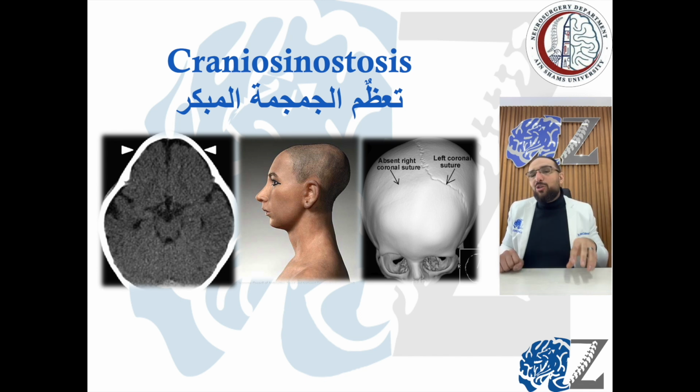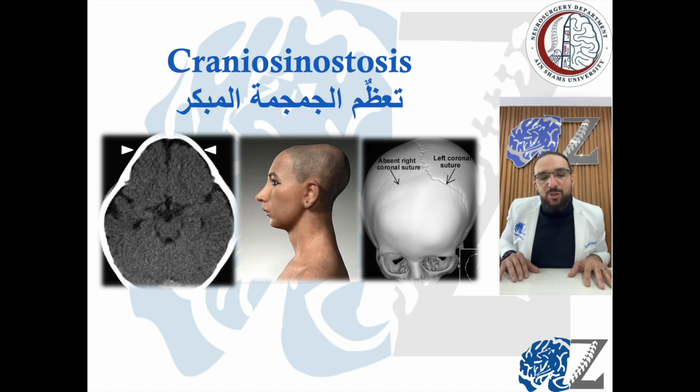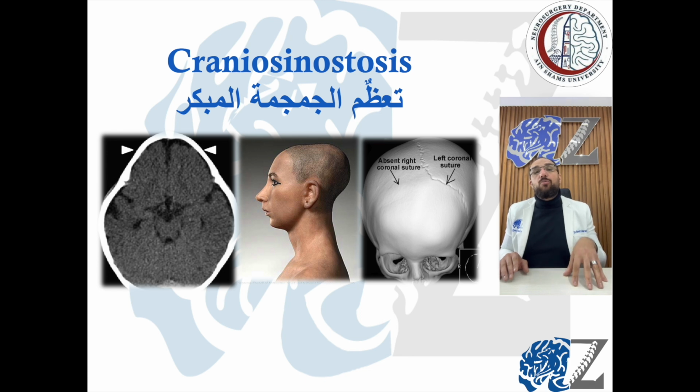Or when one suture is closed and the other sutures are not closed, the brain is going to develop by pushing more on the normal sutures, and this will lead to an abnormal shape of the skull. And this is the topic for today, as we are going to study craniosynostosis. Let's now get to know more about craniosynostosis.